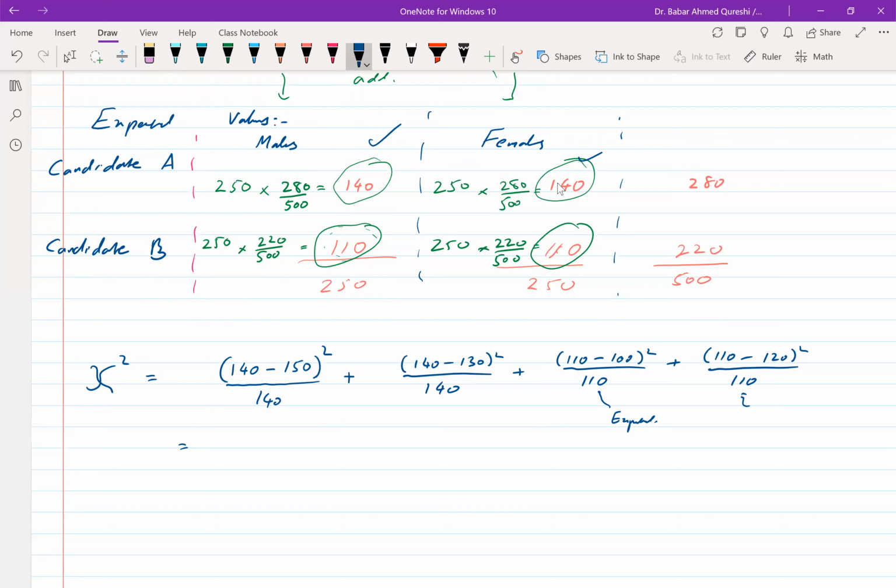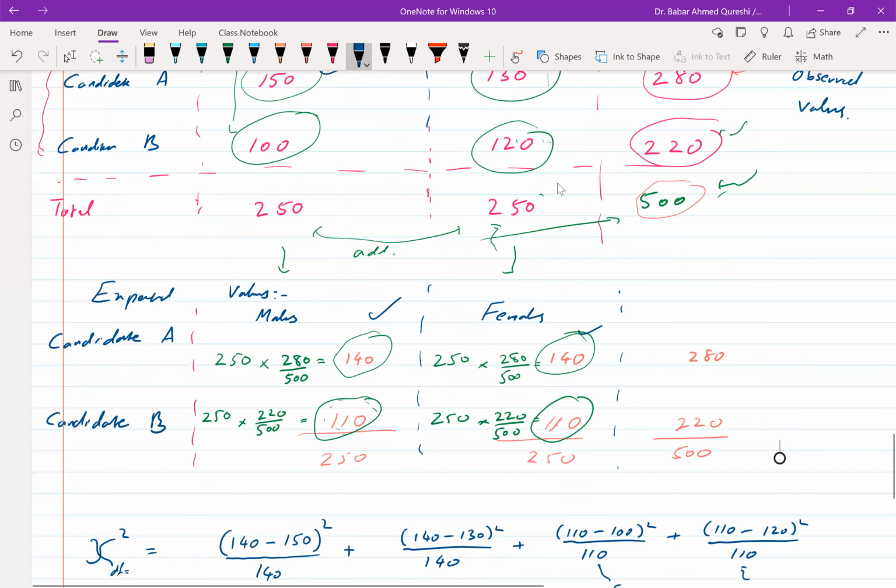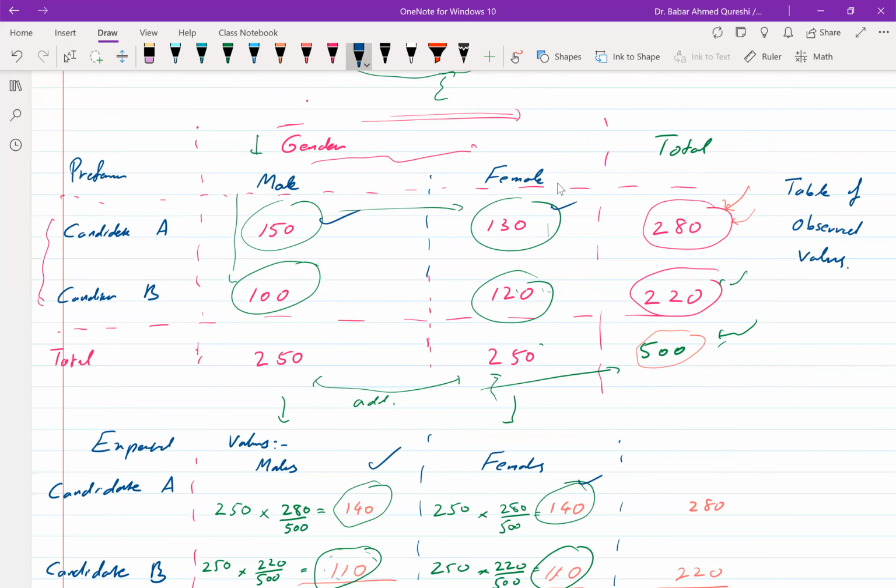Now the question is, what is the degree of freedom here? So you just take in this table, you have two sets of categories. This set has two categories, so you make one less. So it has two, this has two.